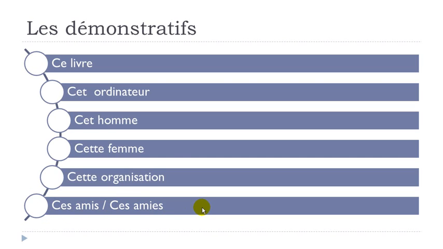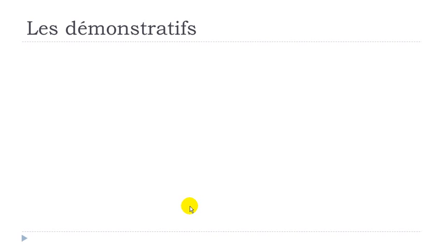And it's quite funny in a way, because if you only listen to these two things here, ces amis and then ces amis, you don't have really any phonetical information regarding the fact whether it's masculine or feminine. That's the way it is. Sorry about that. But, so let's continue now with les démonstratifs.